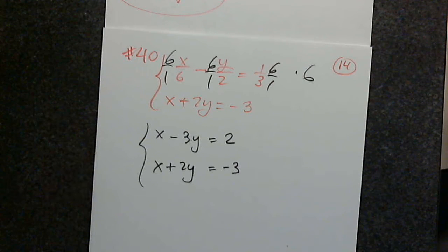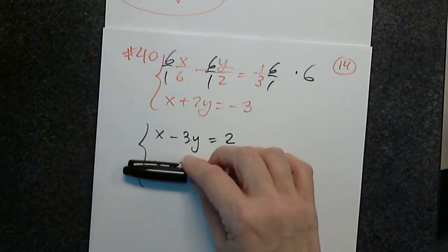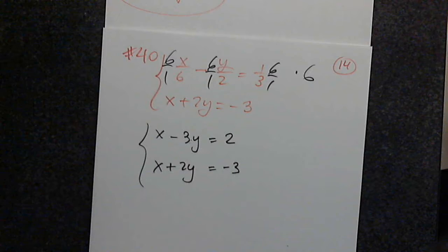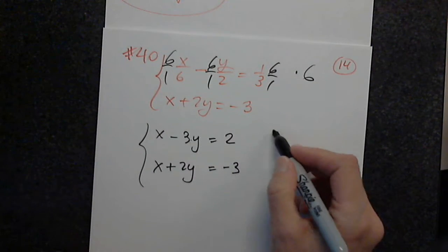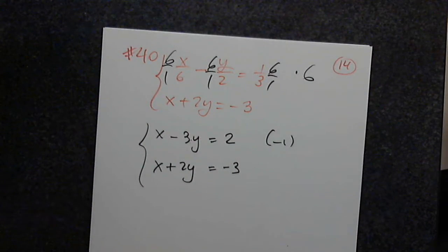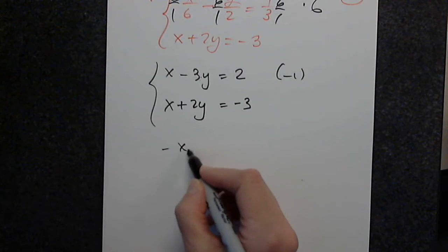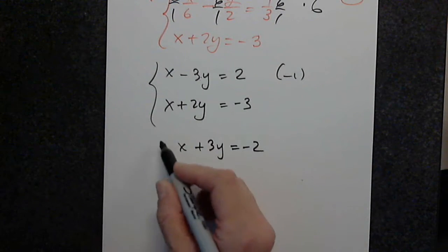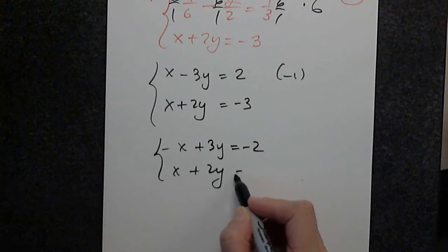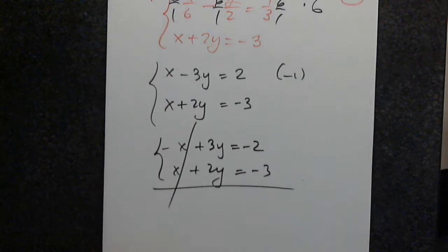Say it again. Yes, I would prefer that too. And I will multiply either one by? Of course. Excellent. Well done. So I multiply the top by negative 1, negative x plus 3y equals negative 2, and x plus 2y equals negative 3. That's the plan.